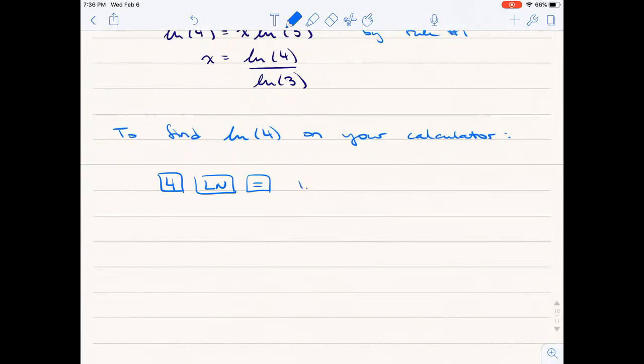And I get 1.386294361. So whatever you want the log of, you have to have that on your screen first, and then you can hit the ln button. And the ln button is just on the left-hand side, and it's capital L, capital N.